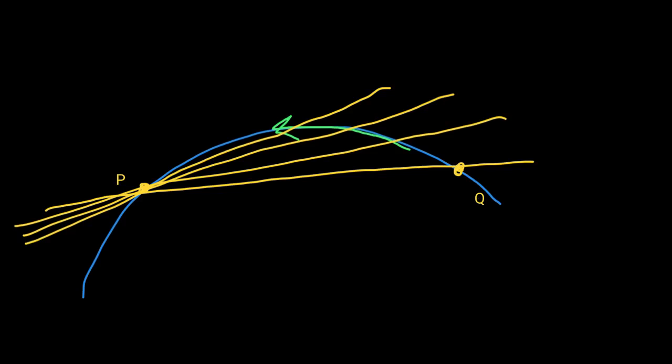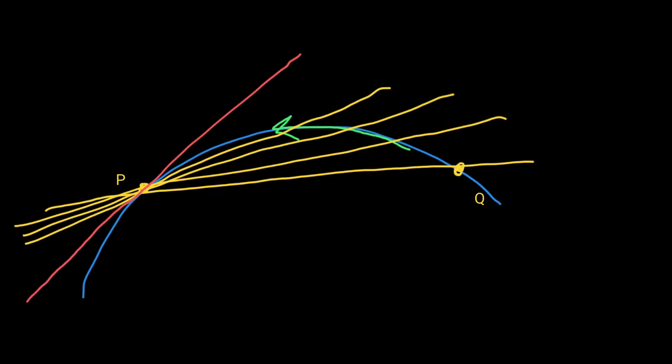The tangent line is the line that touches the curve at one point, whereas a secant line goes through the curve at two points. The tangent line just grazes the curve, just touches it at one point, at point P.